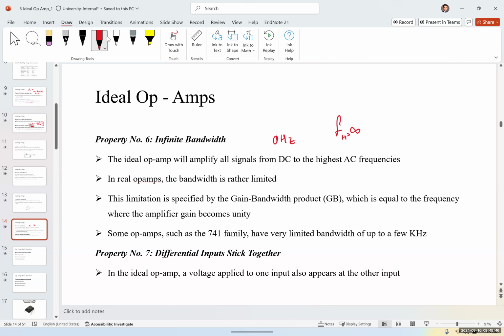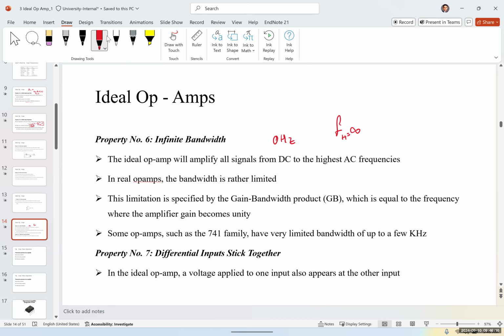It means the frequency range in which the amplifier operates, which is equal to the frequency where the amplifier gain becomes unity. Some op-amps, such as the 741, have a very limited bandwidth of a few kilohertz. I spoke about frequency response in the previous class as well.